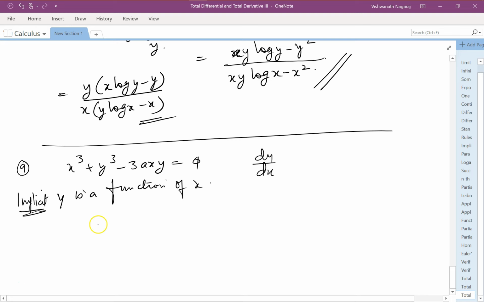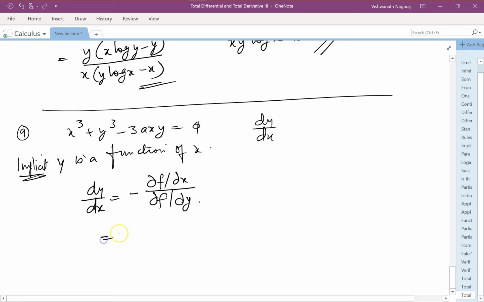So our formula says dy/dx is equal to minus ∂f/∂x by ∂f/∂y. So minus ∂f/∂x, so we have to differentiate it with respect to x. So with respect to x means 3x² plus 0 minus 3ay, divided by, now we have to differentiate with respect to y.